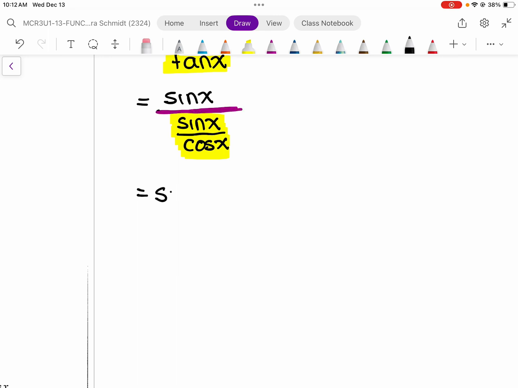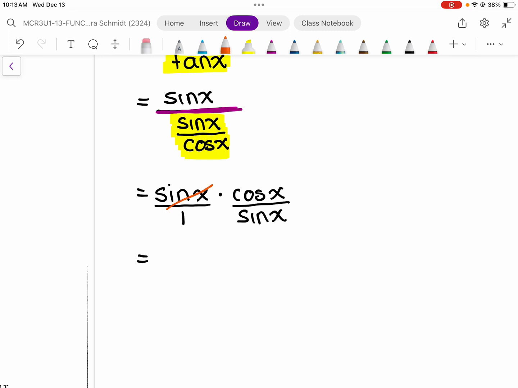So I know when I'm dividing fractions, I can actually switch it to multiplication and flip the second fraction. So I can do sine over cos, but I'll flip it so it becomes cos x over sine x. And now if I were to multiply these fractions together, I would end up with sine x cos x over sine x.